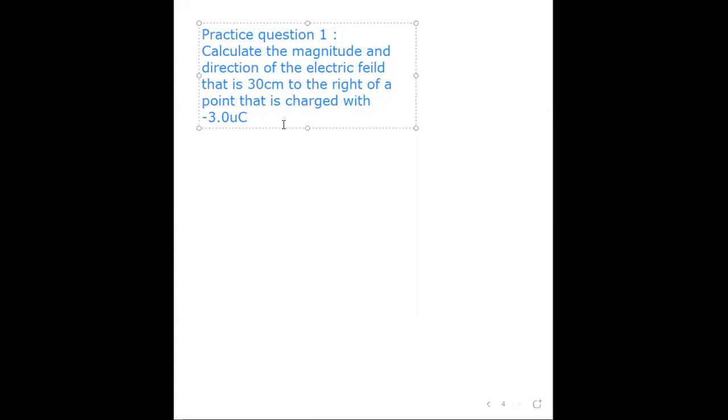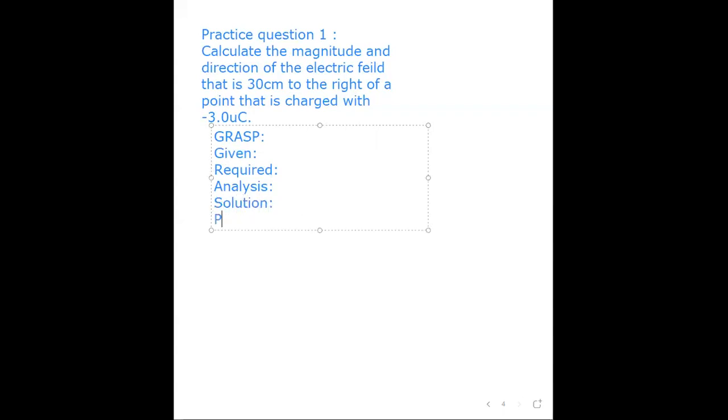I'll write it out here. So I'll get you guys started on this question. Remember what we talked about: you're going to use the GRASP method. You start with what you're given, then do an analysis stage where you write out the formula you're going to use, then write your solution, and then paraphrase your findings.